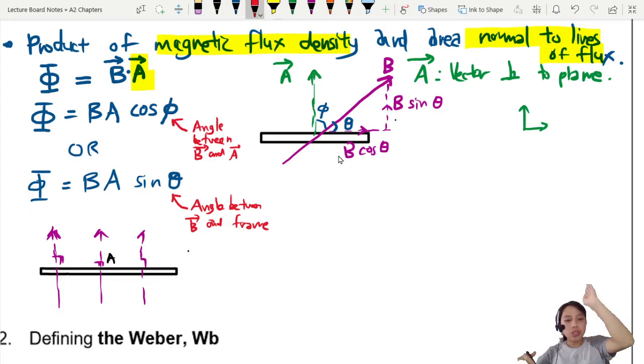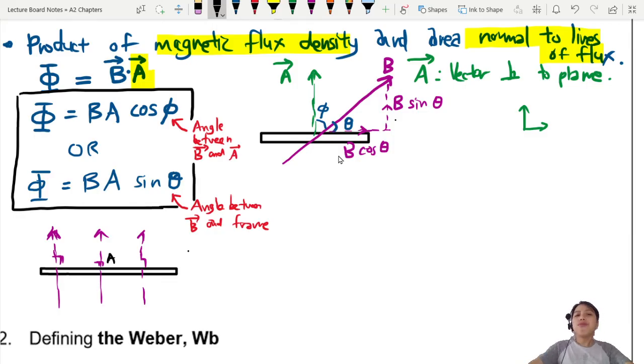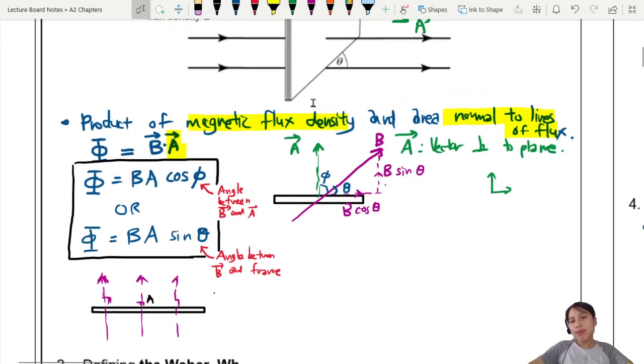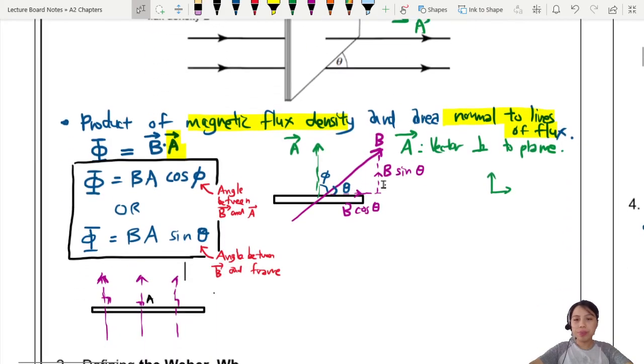So, yep, just know there are two ones. You can choose which one to use, whichever is more convenient in different scenarios. Okay, so product, this is how we define flux. How much magnetic field passing through a certain area that is normal to the flux.